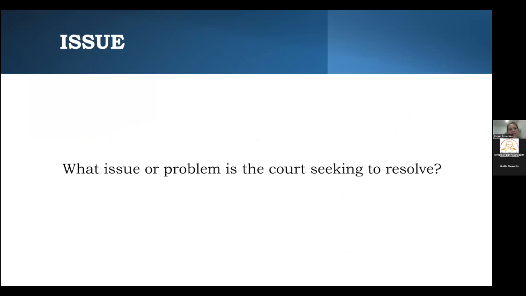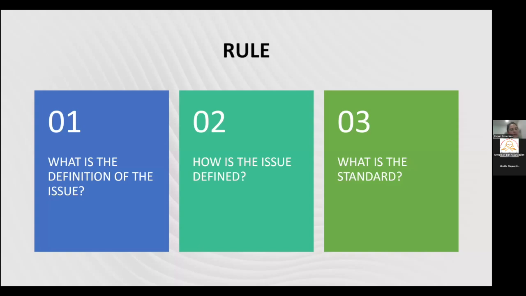For instance, if the table of contents said intentional torts, harm to a person, battery, and then it said intent, then I know that the only issue the case is really trying to resolve is whether or not there was intent. That's why the table of contents is so important. You don't want to waste your time digging into that case when you could just look at the table of contents and it'll give you an idea of what the issue is.